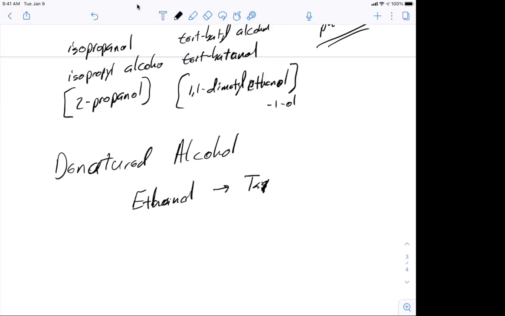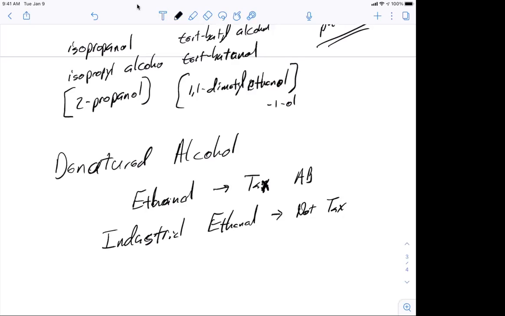So industrial ethanol is not taxed, or at least is not taxed by Alcohol, Tobacco, and Firearms, right? Is not taxed beyond what normal merchandise is taxed. So this is called denatured alcohol, and it contains a trace, usually a trace of methanol.